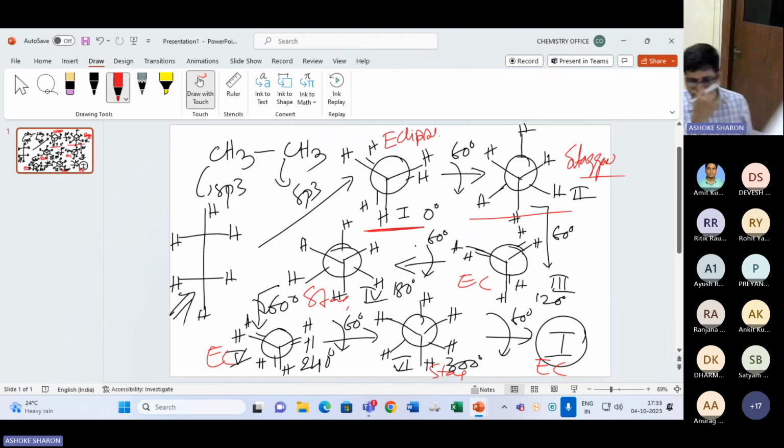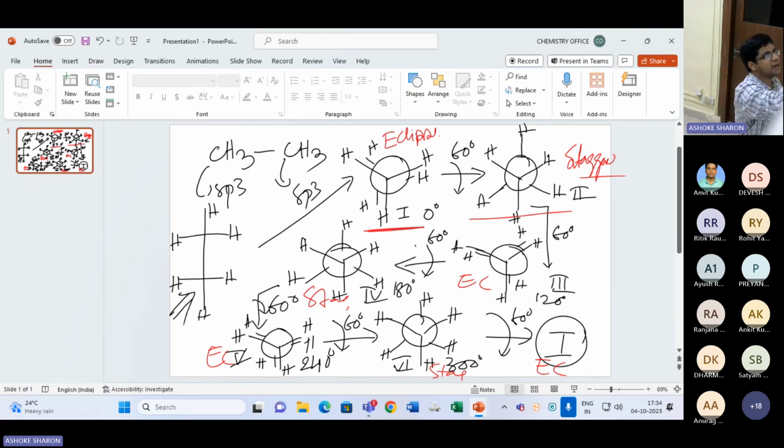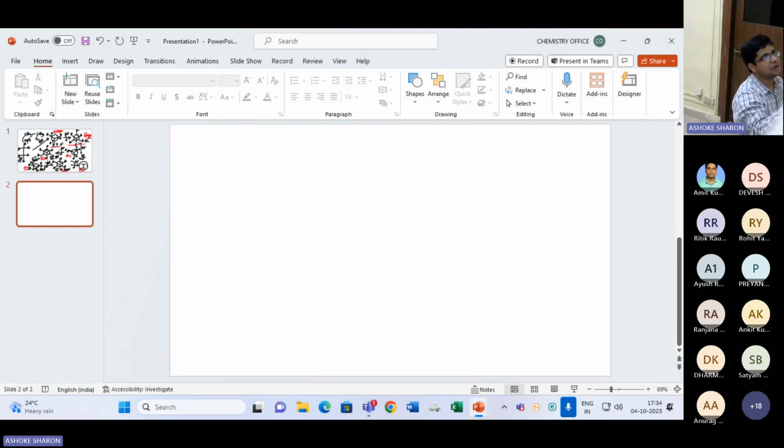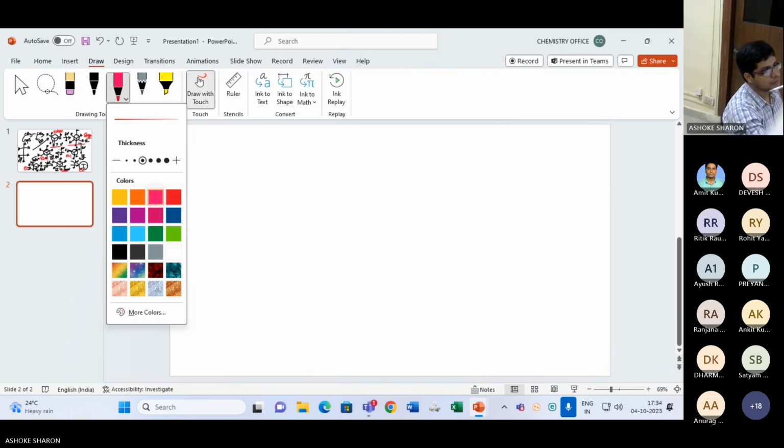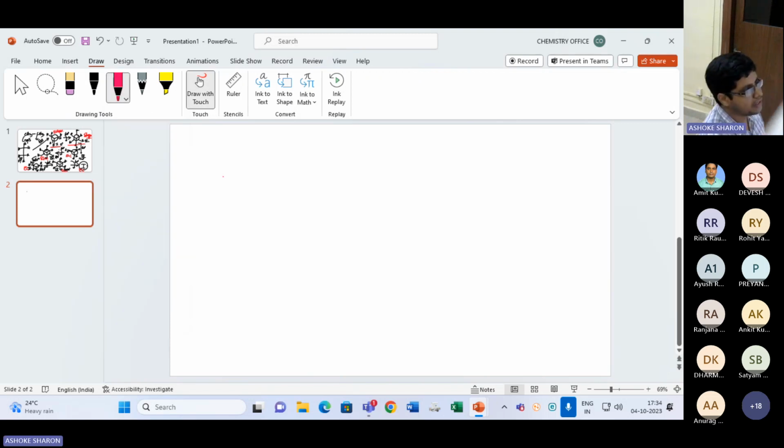When the dihedral angle is zero, they are facing very closely to each other, so that will be energetically less stable compared to the staggered one. Now I draw the energy profile diagram of this molecule. What do we see here? I will draw it like this.